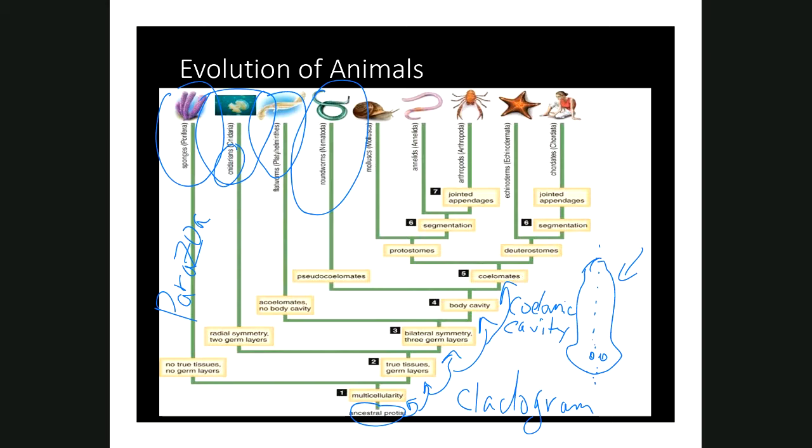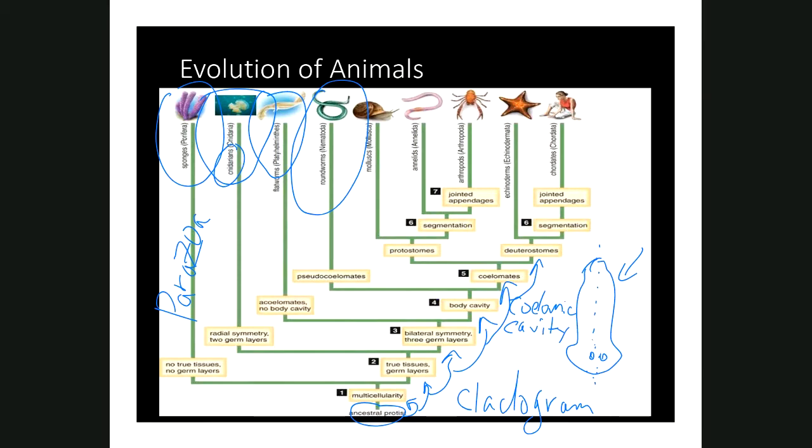And if you are a true coelomate, you have a true coelom. Okay, when you're an embryo and you're a little ball of cells, and that little ball of cells starts making openings for the digestive cavity, is it going to make the mouth opening first, or is it going to make the anal opening first?